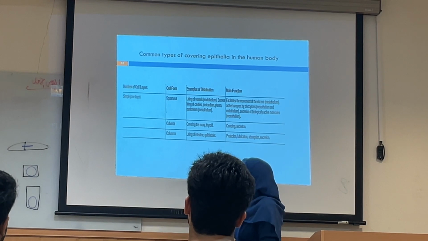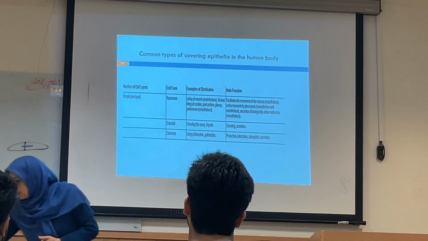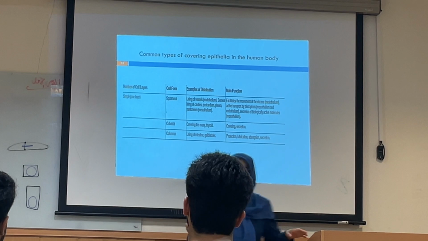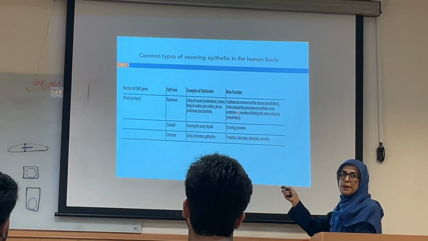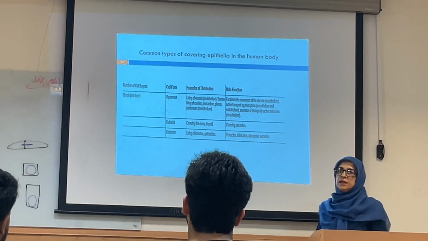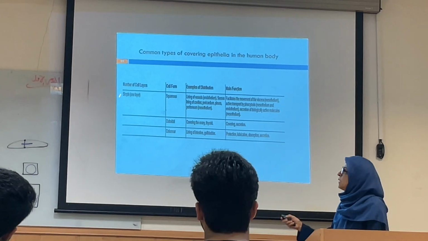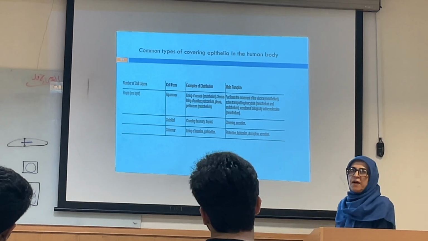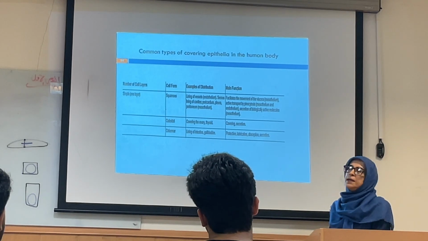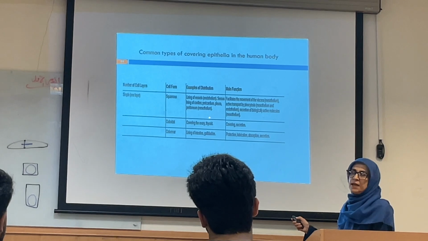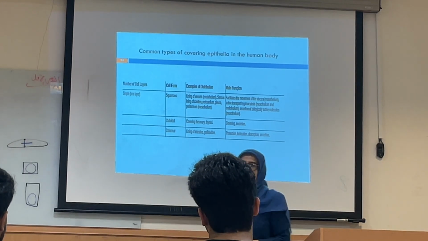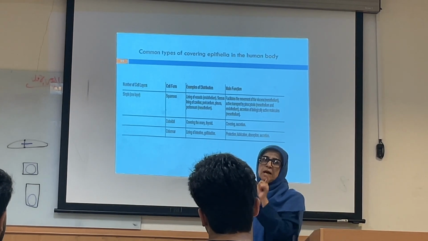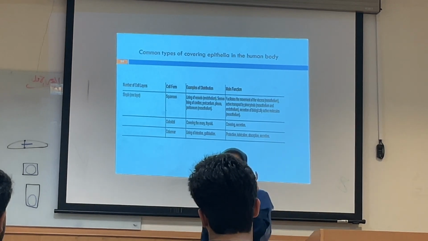This is important: the type of the epithelium and their location. We don't need to memorize the function because the function is related to physiology. Simple cuboidal: one layer of cuboidal shaped cells are in the thyroid follicles and also cover the outer surface of the ovary and also some growing follicles of the ovary in the cycle in the woman.